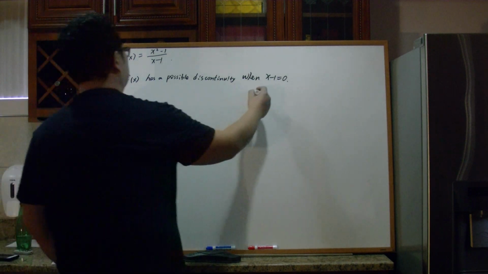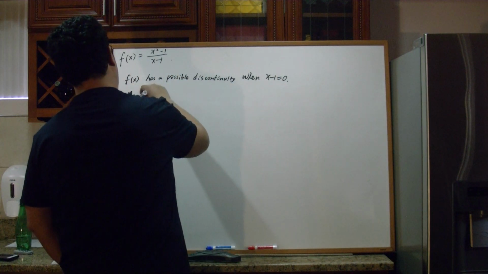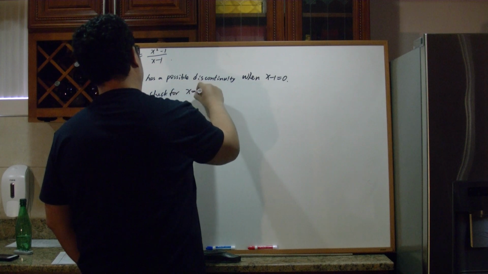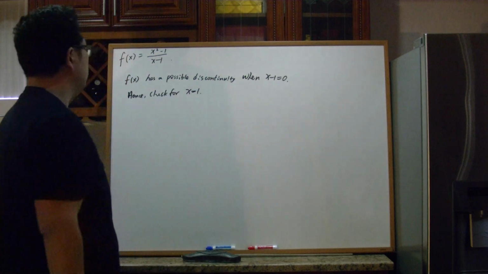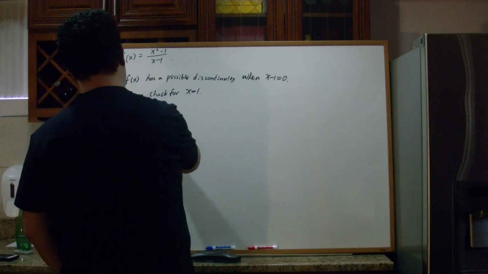So we solve it to get x equals 1. Simply because the denominator equals 0, the function is not defined. So we check the limit.